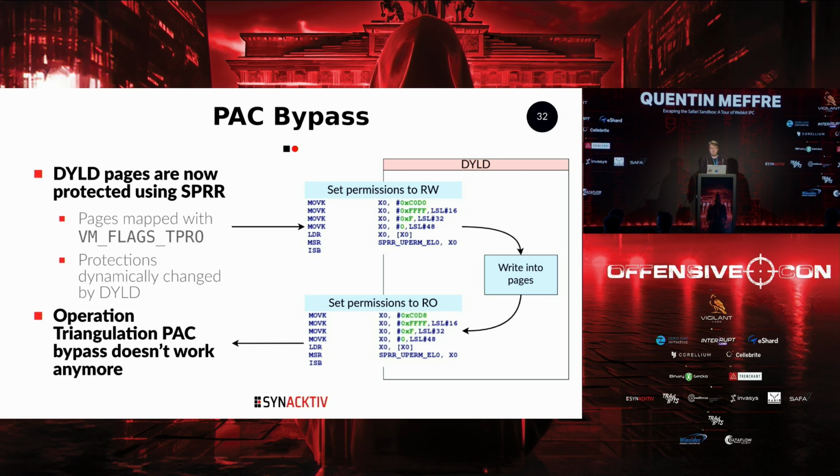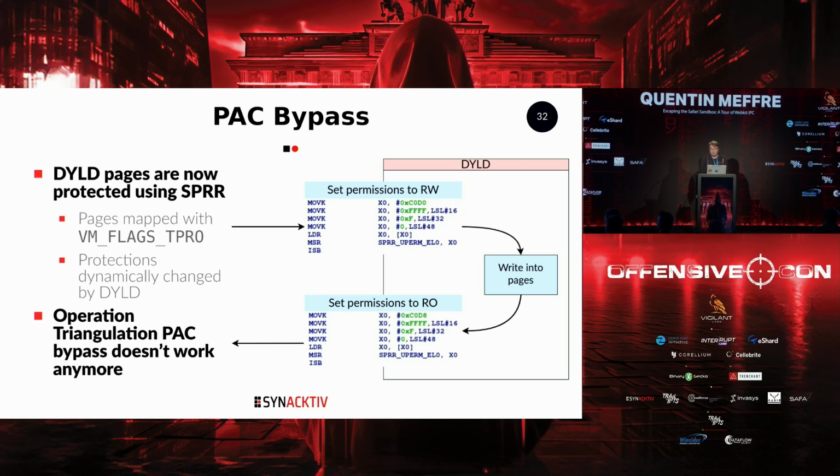So to fix this PAC bypass, the developers changed the protection used. Instead of using the system protection, they are using the SPRR hardware mitigation. Now the pages are allocated using special flags named VM_FLAGS_TPRO, and these flags allow dynamically changing the protection of the memory page. When DYLD needs to write into those memory pages, it will set a special value into a system register.